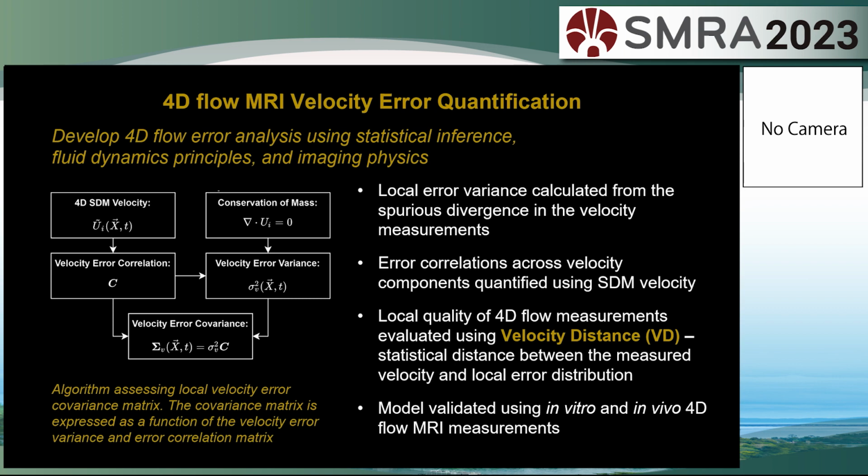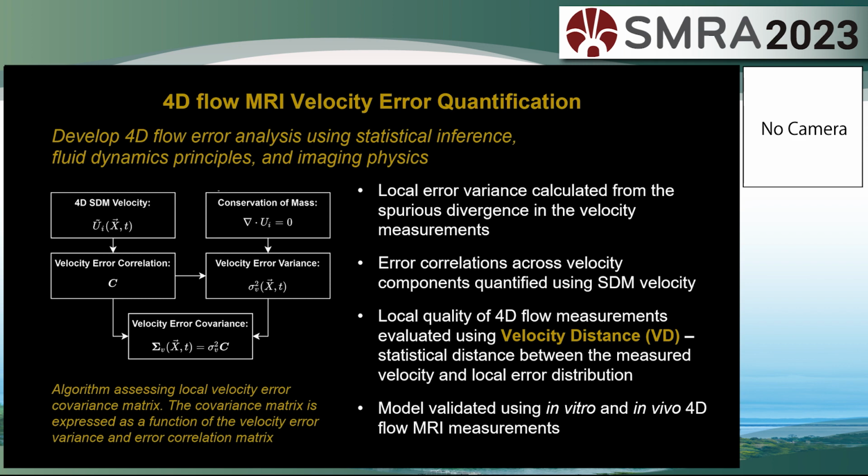So velocity distance is calculated in each voxel and for each cardiac phase. And it is equivalent to the inverse of the relative uncertainty. So high velocity distance would mean that you have low uncertainty and good quality of MRI data. Low velocity distance would be equivalent to being within the error of measurement.